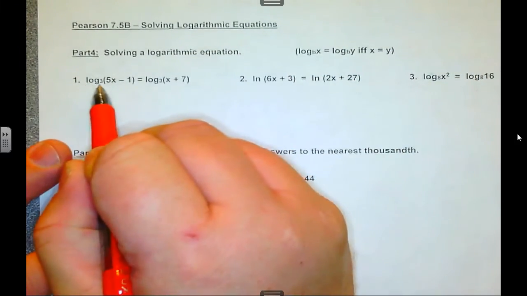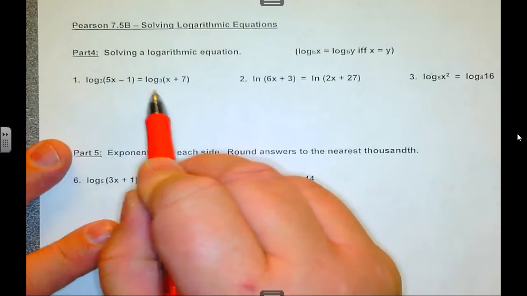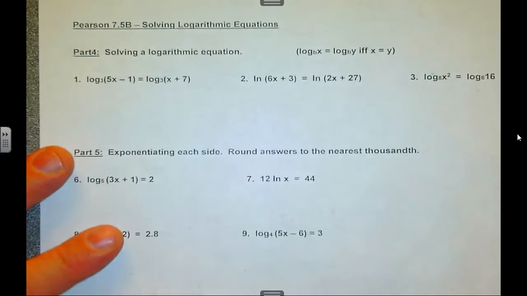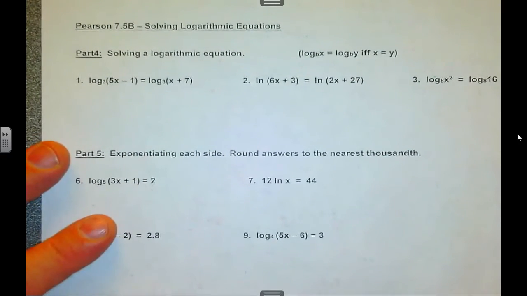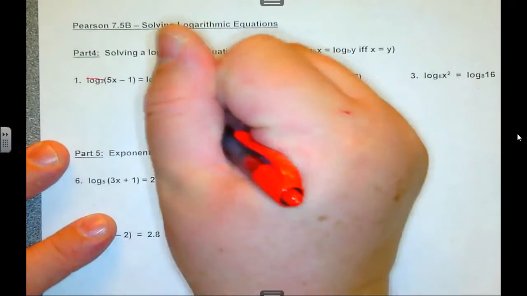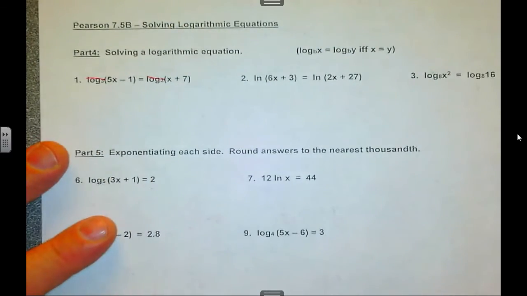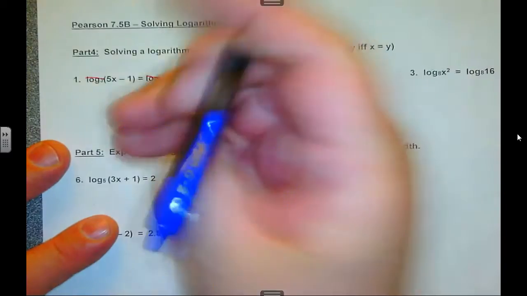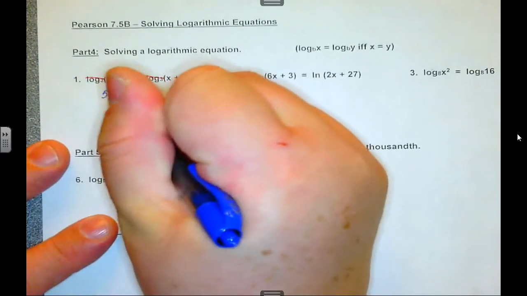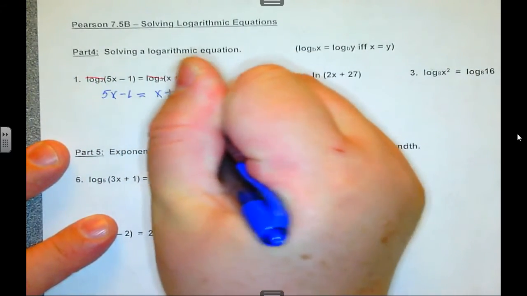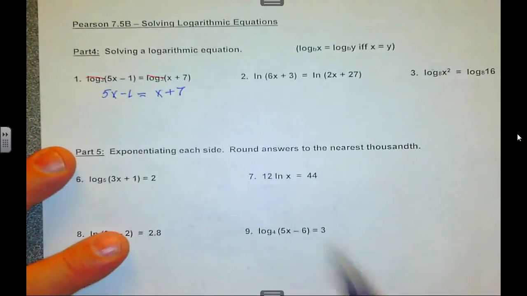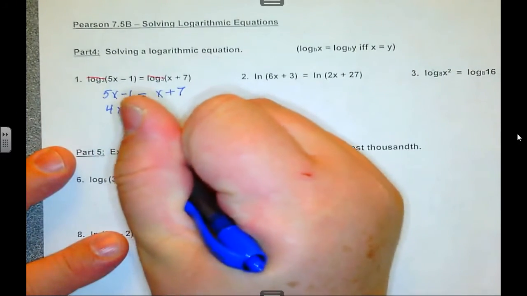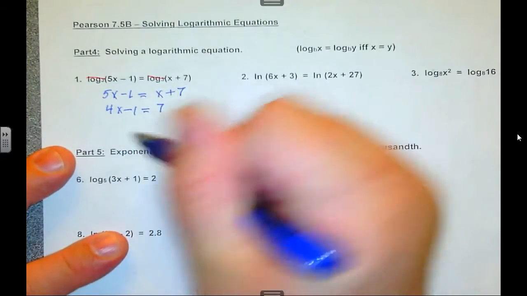I have a log base 3 of 5x minus 1, log base 3 of x plus 7. I have the same logs on both sides. Cancel them out. Okay. I have 5x minus 1 equals x plus 7. Subtract x from both sides. 4x minus 1 equals 7.